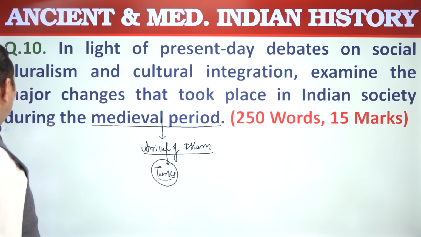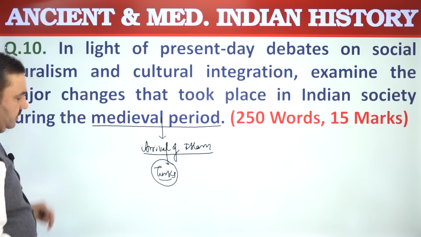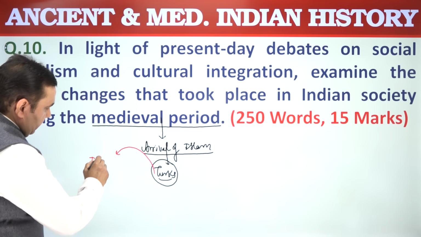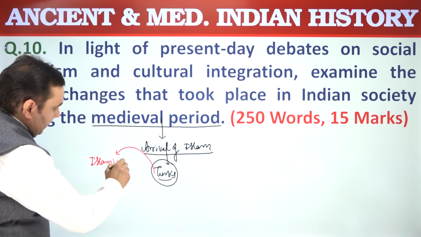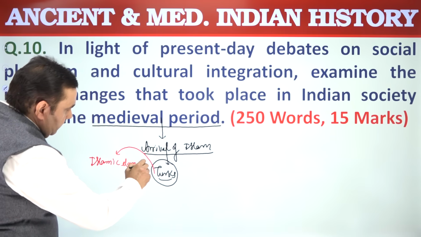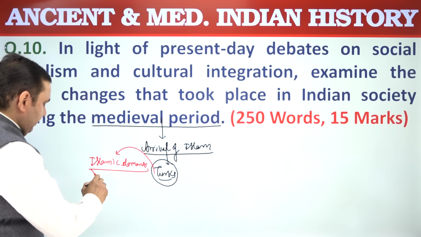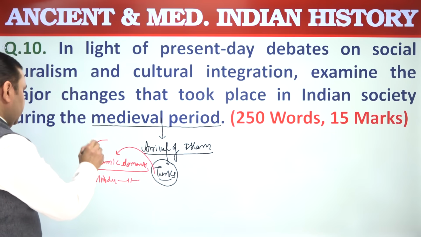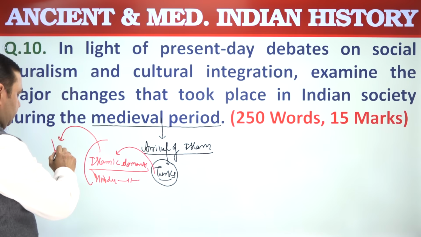So Indian society during this age was characterized by the assimilation of Islamic elements and Indian or Hindu elements, or it was Indo-Islamic in character.